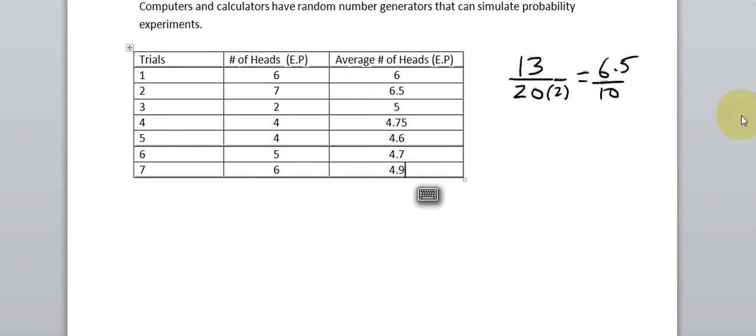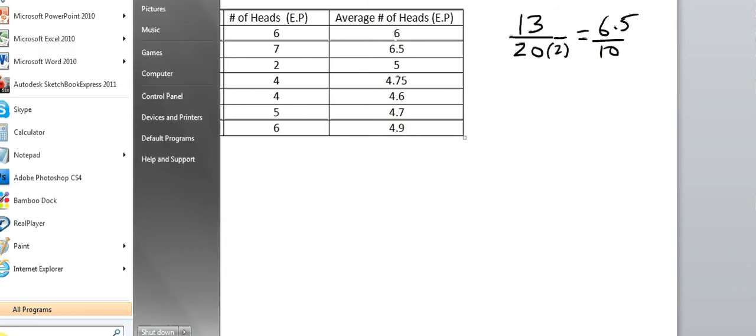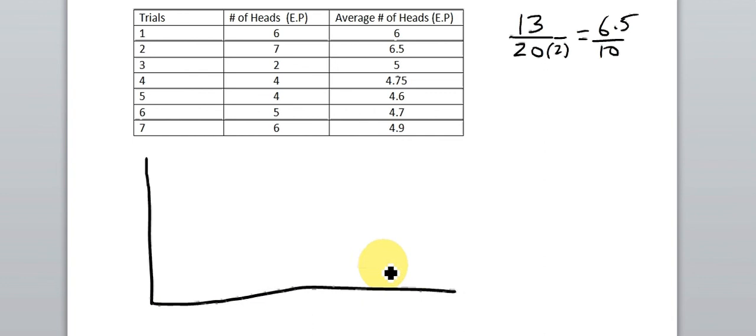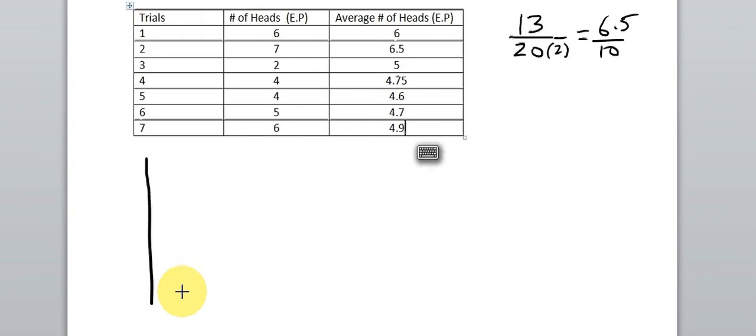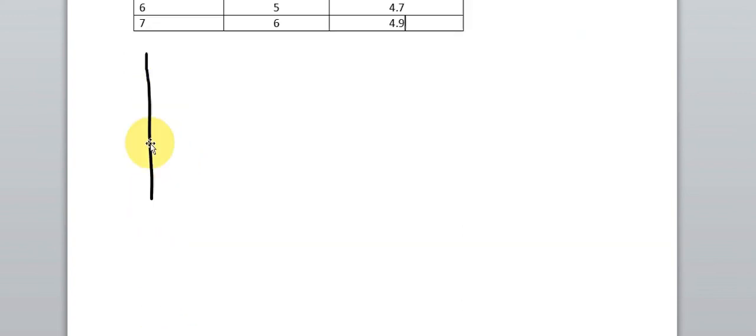So if we're to do a rough graph here, ooh, that's really rough. Let's try another one. Insert a line. Okay, so here we go.